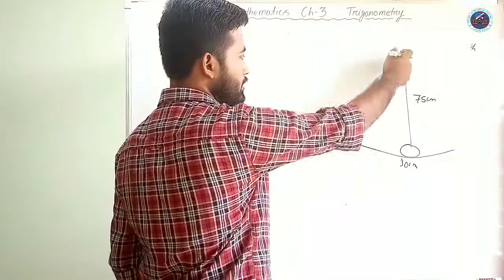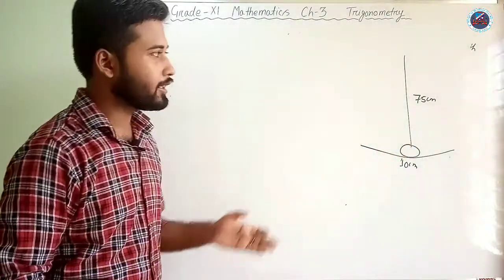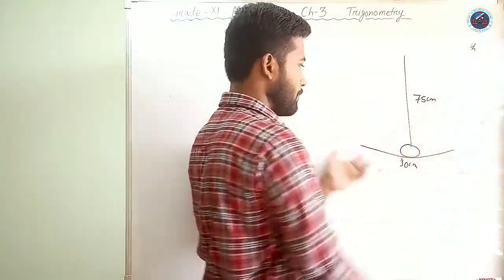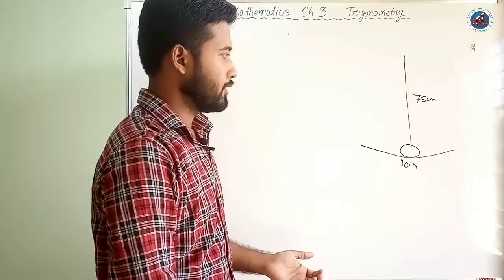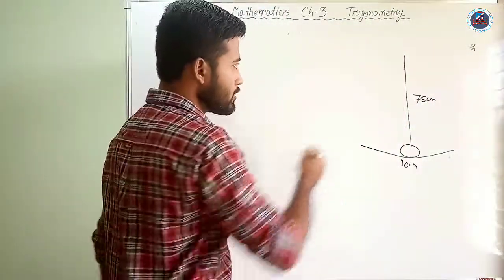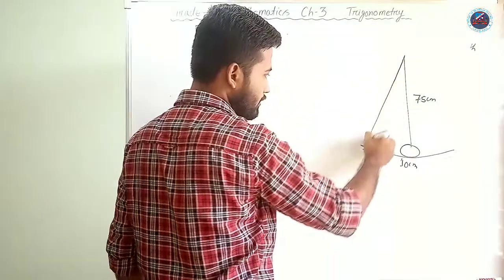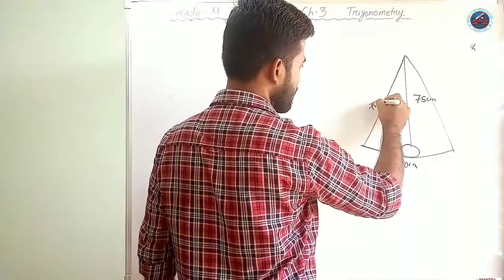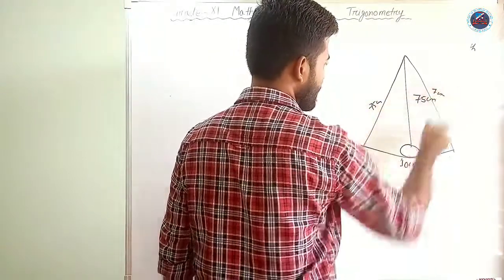Now you can see that this pendulum is acting like the radius of a great circle, isn't it? So if I extend its arc, then it will be a great circle. So in the great circle, this pendulum will act as a radius. So its side will be 75 centimeter.